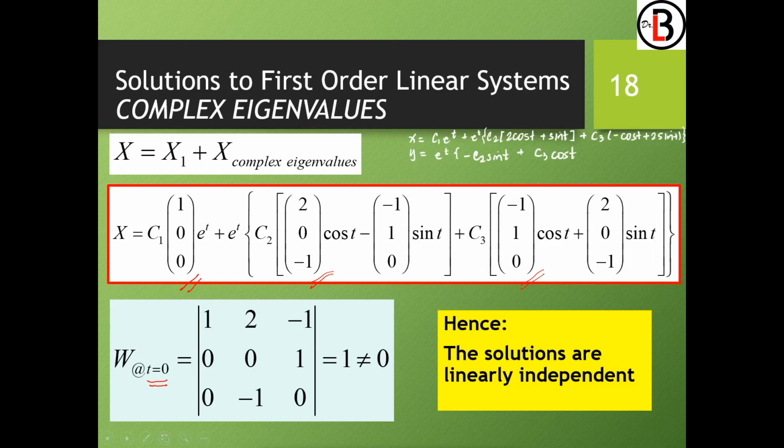That's all that's left, because the others there are 0 multipliers. And then for your z, that's 0, no problem. And then e to the t, that's just negative c2 cosine t, and then negative c3 sine t.